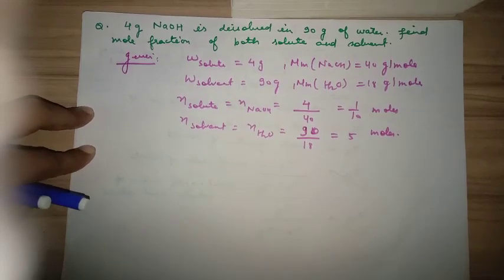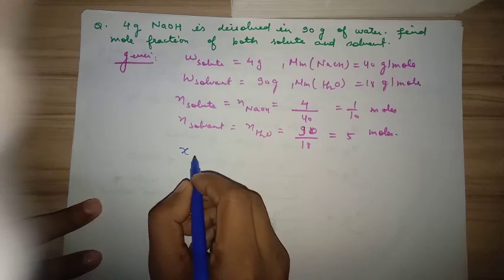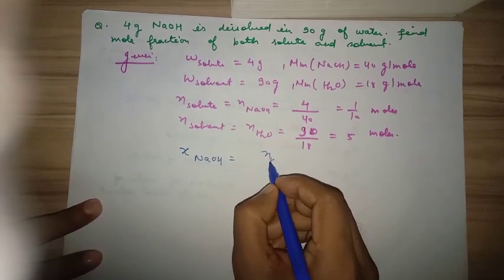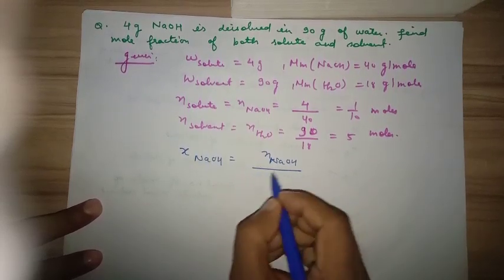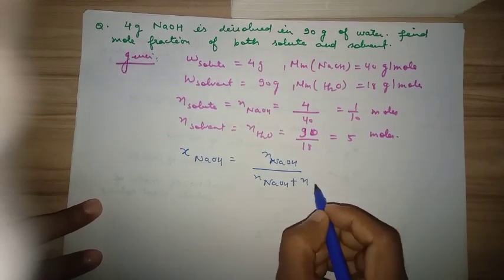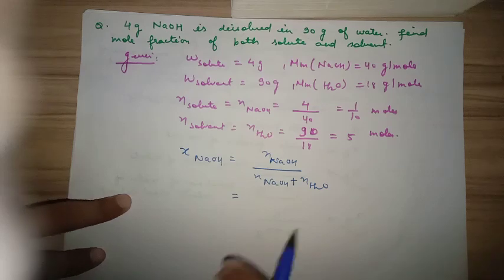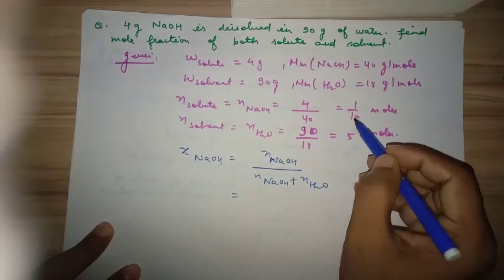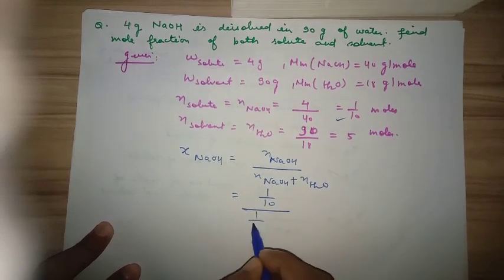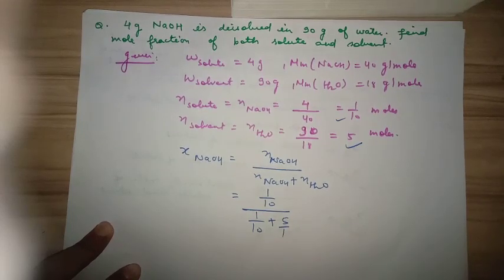Now if I have to find mole fraction, that will be x NaOH, and that will be n NaOH upon n NaOH plus n H2O. So it will be given as 1 by 10 upon 1 by 10 plus 5, that can be written as 5 by 1.